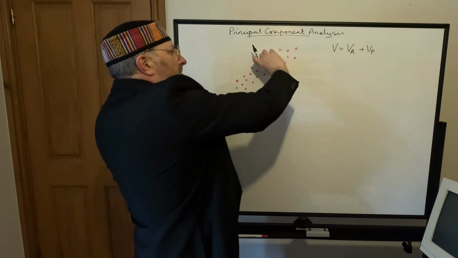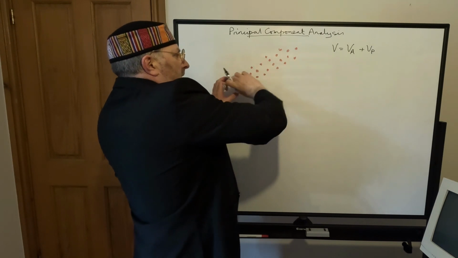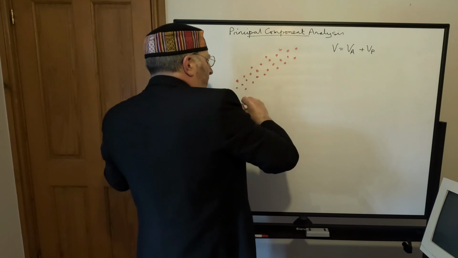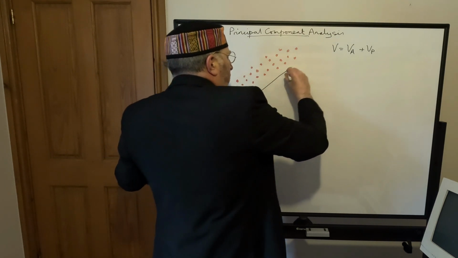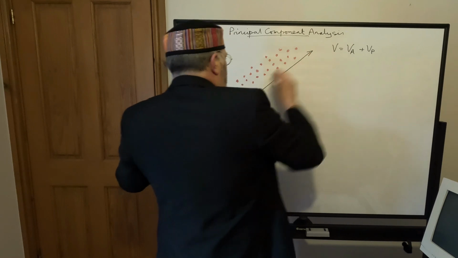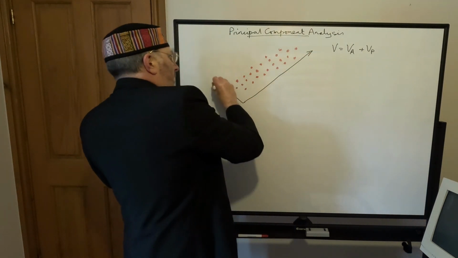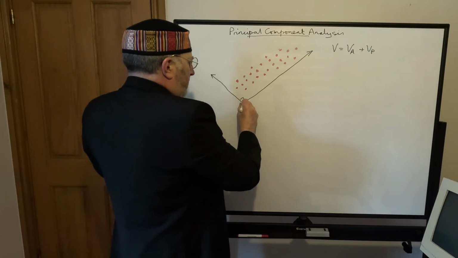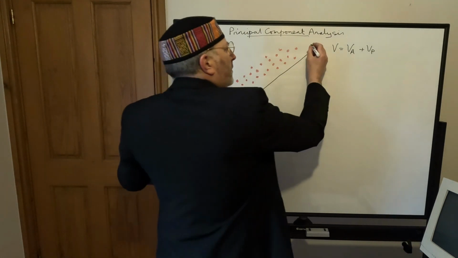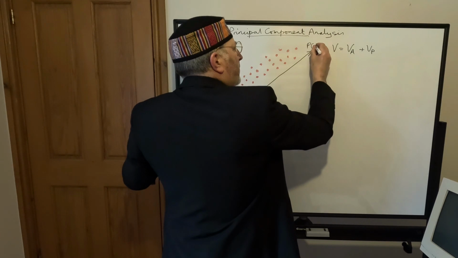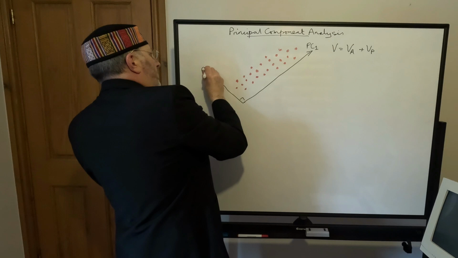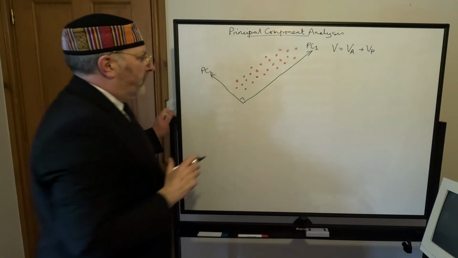They don't vary so much perpendicular to it. So that's the direction of maximum variance. So we draw our axes like so, and that's meant to be 90 degrees, and we can call that the principal component 1 axis, and then this is going to be the principal component 2 axis.